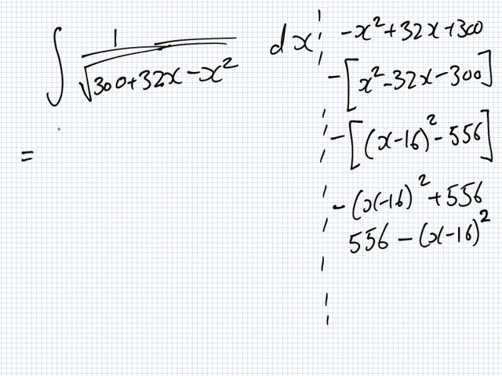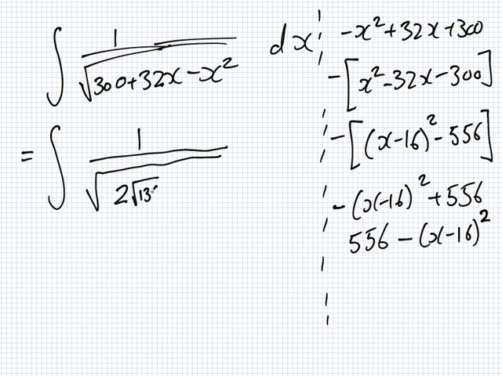So this is equal to the integral of 1 over the square root. What's the square root of 556, please? 2 square root 139. Oh, it's an ugly number? Yeah, 2 square root 139. So we have bracket 2 root 139 squared minus x minus 16 squared.